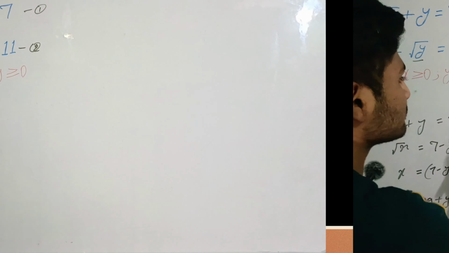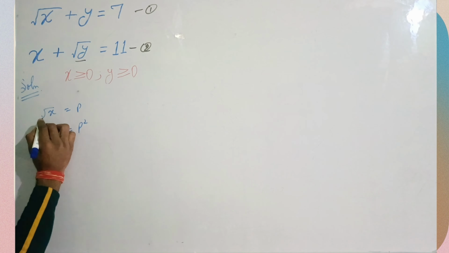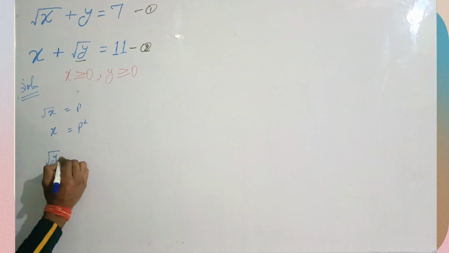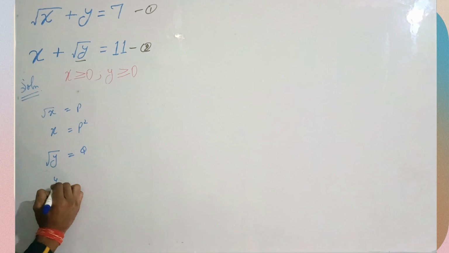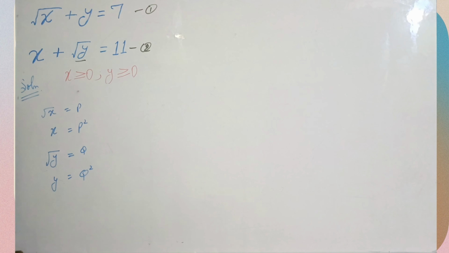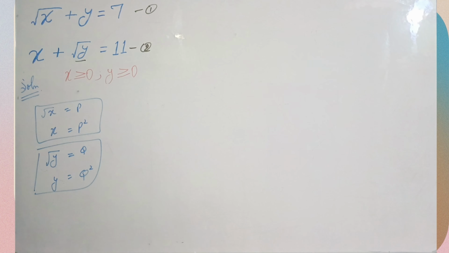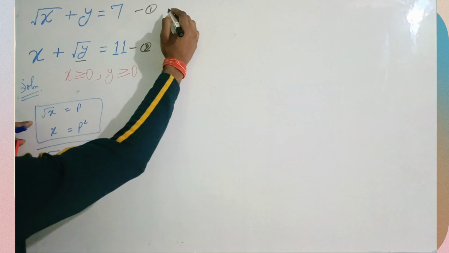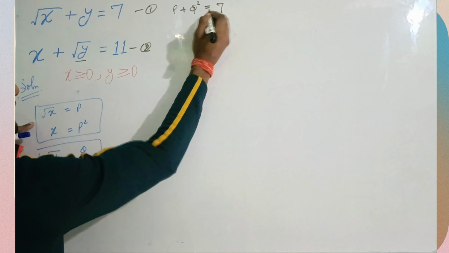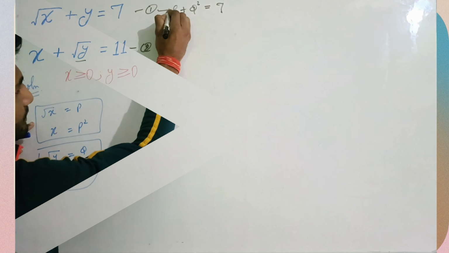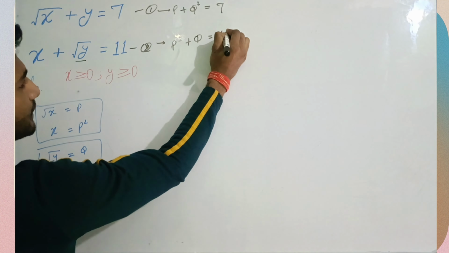Now let's assume root of x is equal to p. So we get x is equal to p square, and root of y is equal to q, so we get y is equal to q square. So our first expression becomes p plus q square is equal to 7, and our second expression becomes p square plus q is equal to 11.